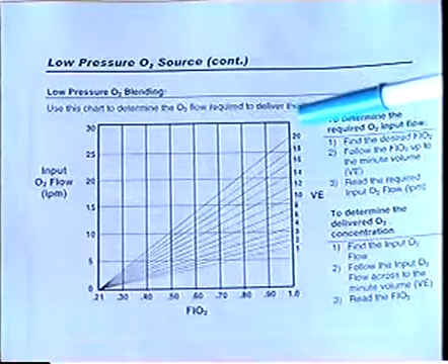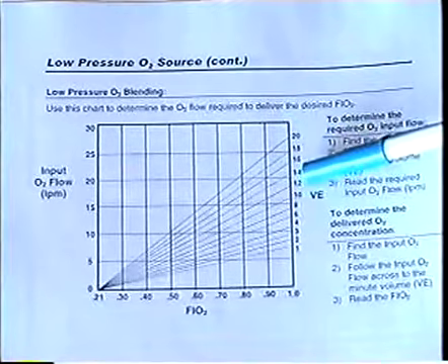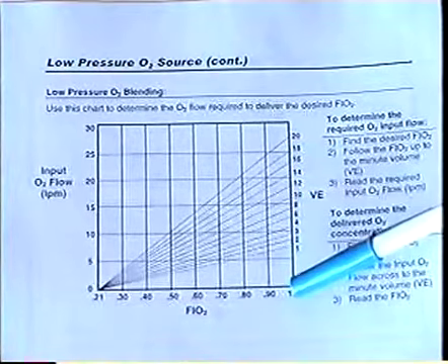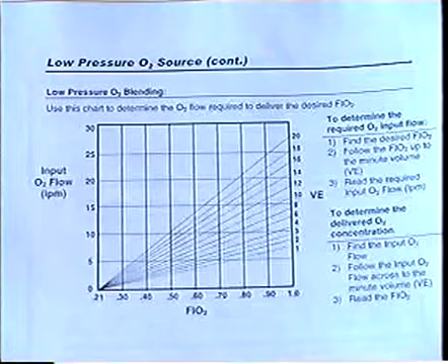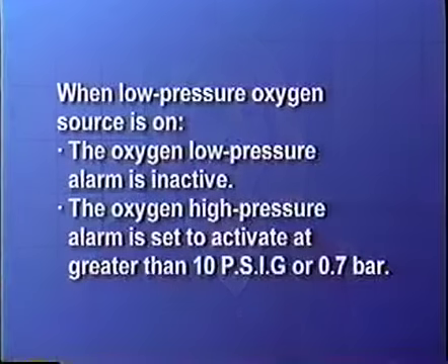Clinicians should use the table provided in the operator's manual to determine the oxygen flow needed to reach a desired FiO2. Tidal volume is not affected when low-pressure oxygen is connected directly to the ventilator. However, if oxygen is bled into the circuit, tidal volume may be affected.